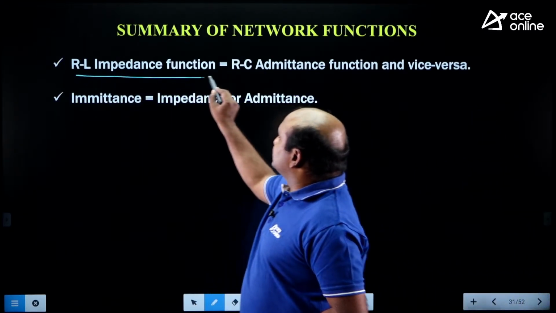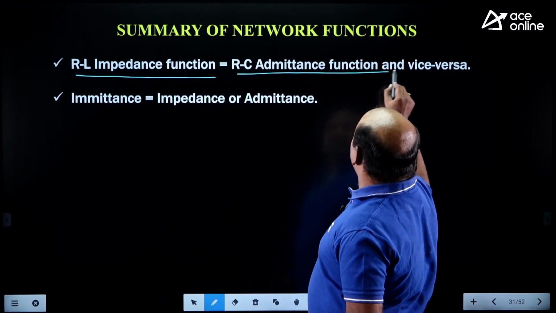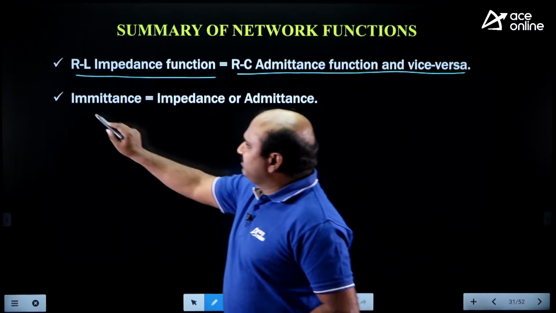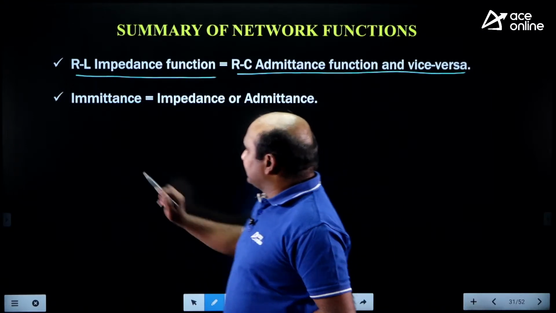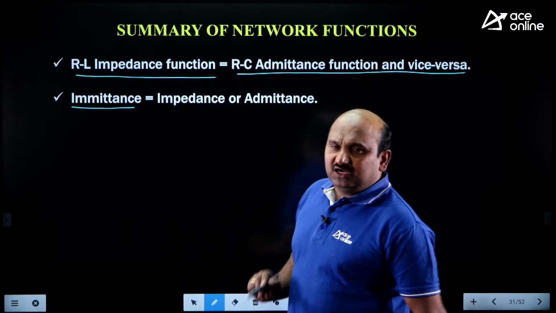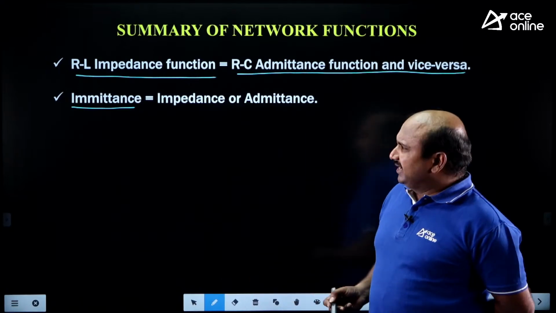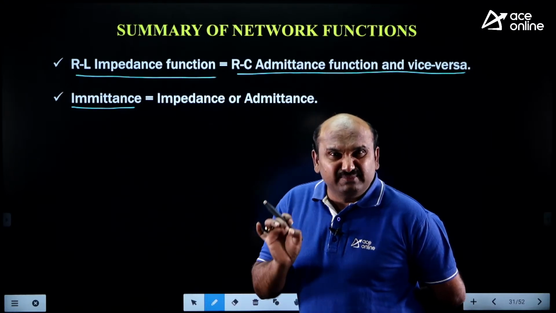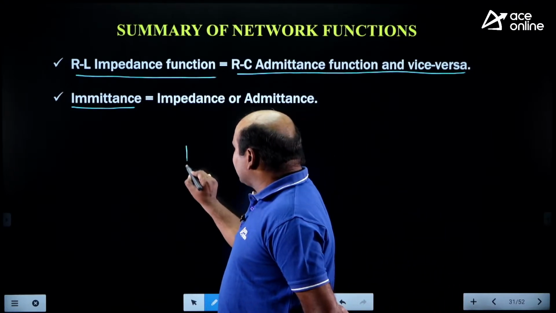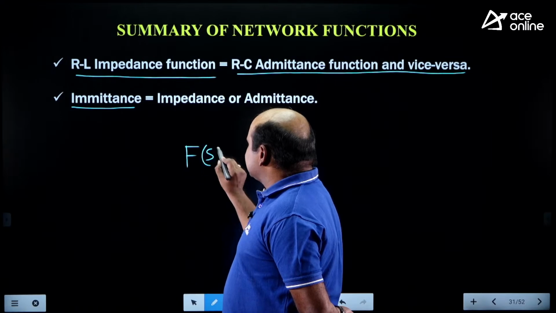RL impedance function is equal to RC admittance function and vice versa. Immittance is nothing but either impedance or admittance. Guys, you may get a doubt here: what about the impedance? Immittance is nothing but what? Either impedance or admittance.